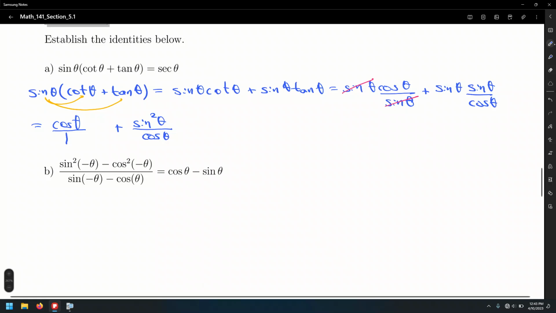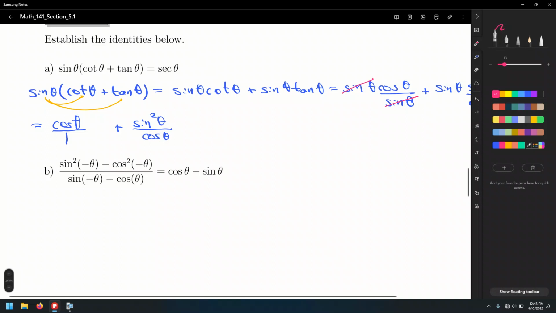It turns out that only the first term requires to be multiplied, numerator and denominator, by cosine theta, not the second term. The second term can be left as is, so this will be cosine squared theta over cosine plus sine squared theta over cosine theta.